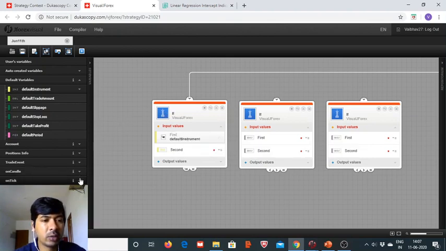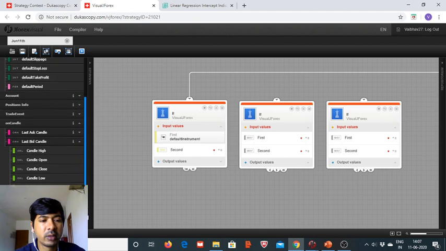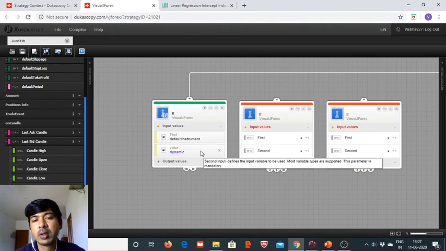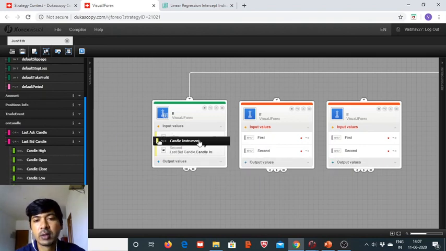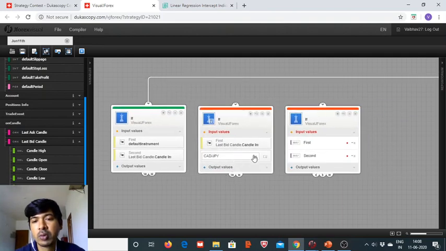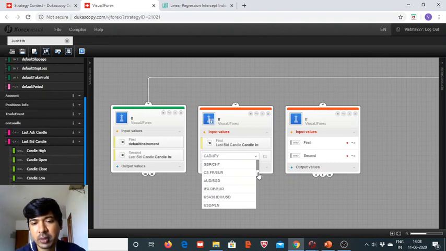Next thing is on candle, last bid candle, last candle, anything you can take. Let us take bid candle. And the bid candle instrument should be the Euro USD, and to define that condition we now have to make sure that is the case, and to do that we take this second condition very seriously.